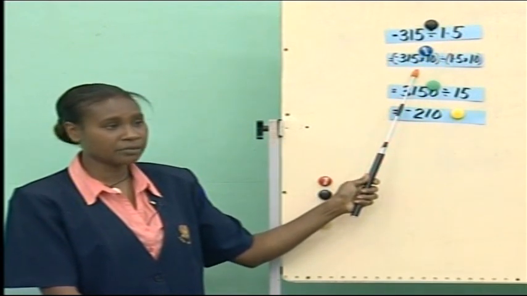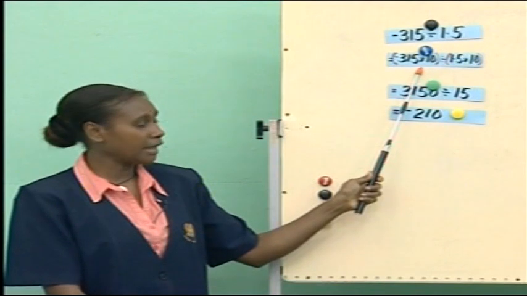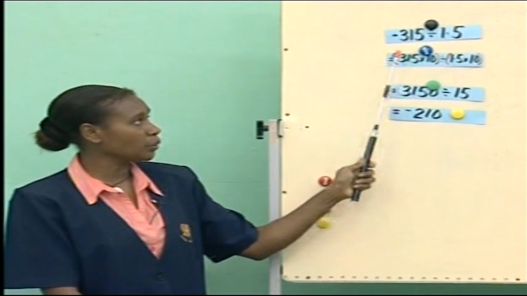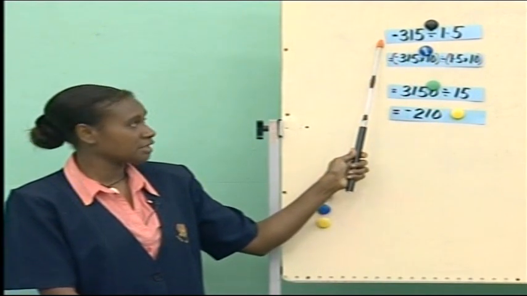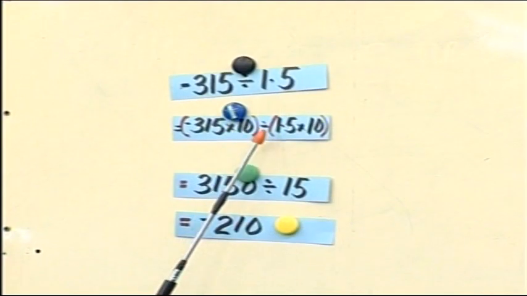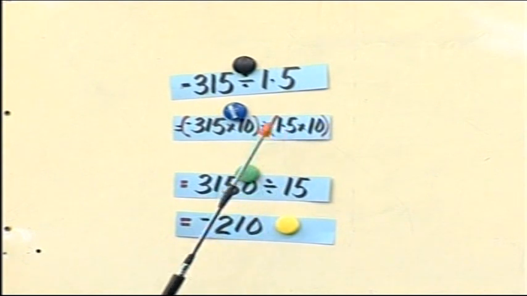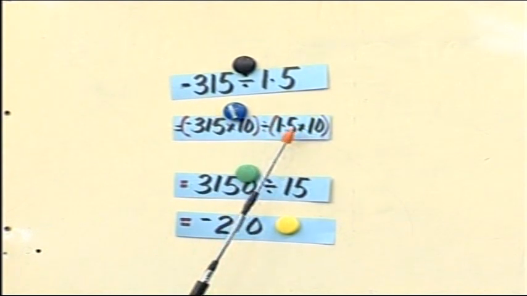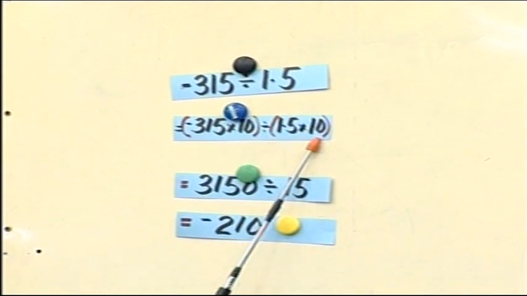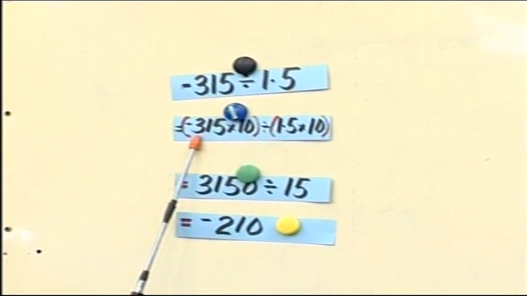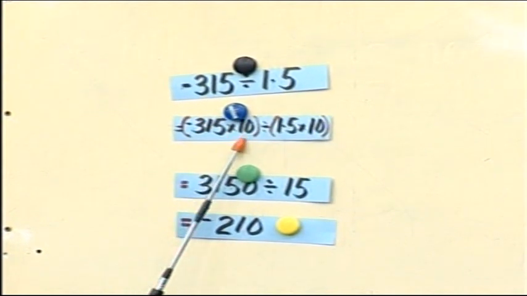This is the second step that we take when we are doing this calculation. When we multiply the divisor by 10, the same number you used to multiply the divisor with, in this case 10, must apply to the first number also. 315 must be multiplied by 10 also.